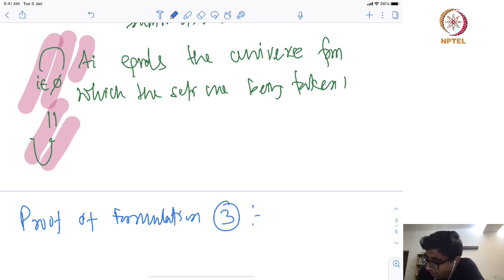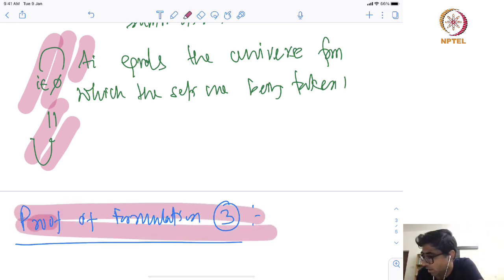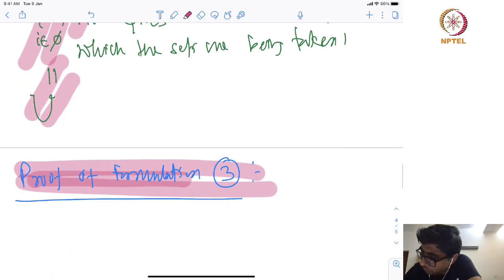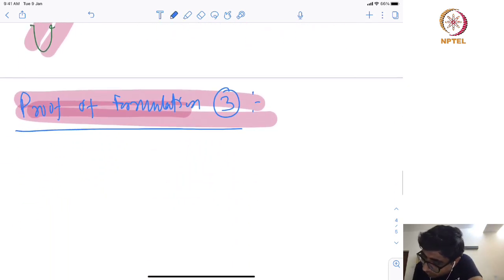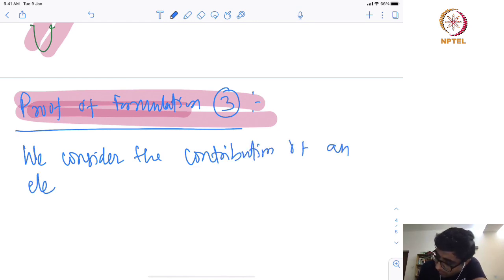The usual way of showing any such proof is very simple: you look at a particular element and you see what is its contribution in the left side, and what is its contribution in the right side. So we consider the contribution of an element a in our universe.